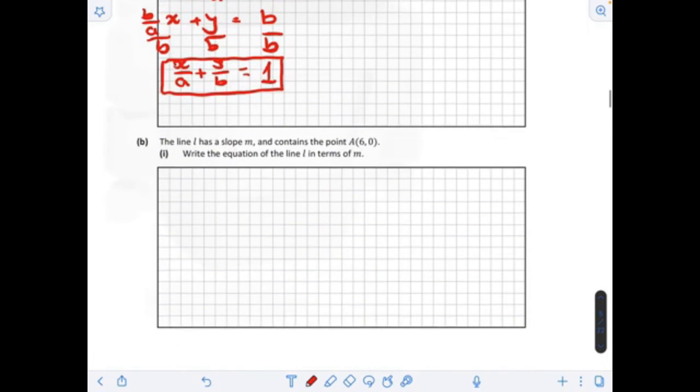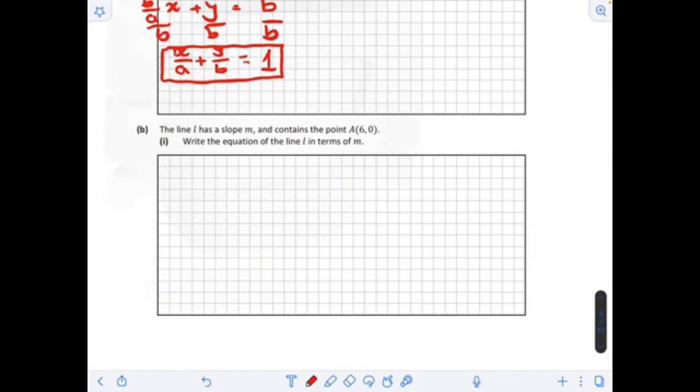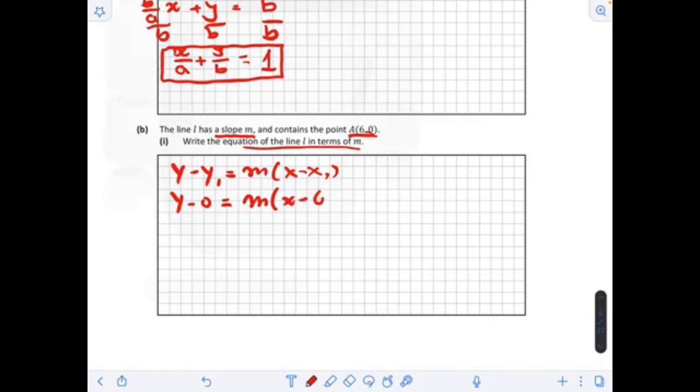The second part of the question is telling us we have another line L that has a slope of m, and it passes through the point 6, 0, and they want us to find the equation of this line. This time we don't know where it hits the y-axis, so we use the other formula from the logbook, y minus y1 equals m times x minus x1. So we're going to sub in our point: y minus 0 equals m, which they told us to use as we don't know it, times x minus 6.